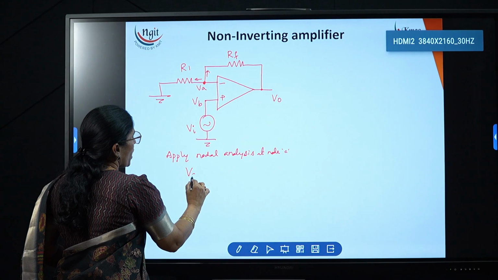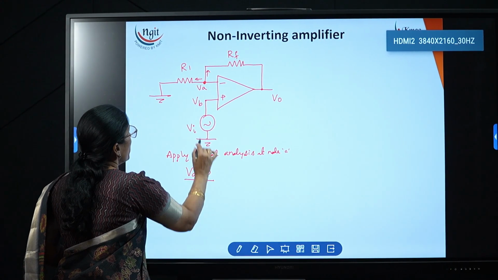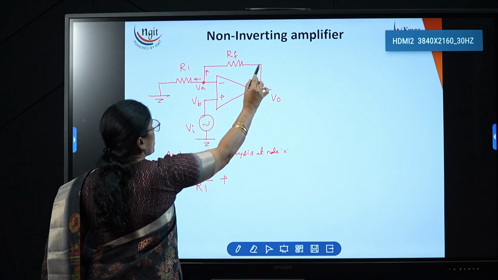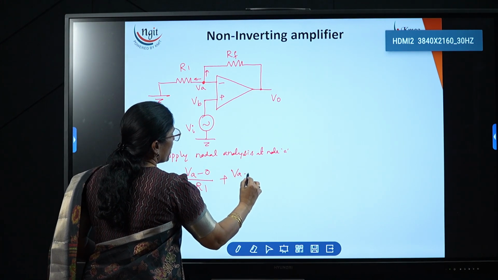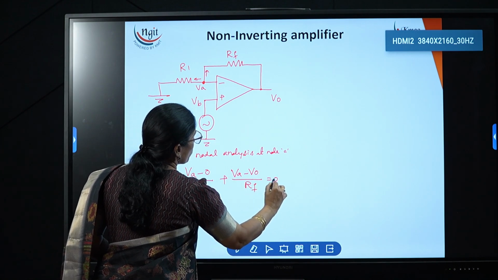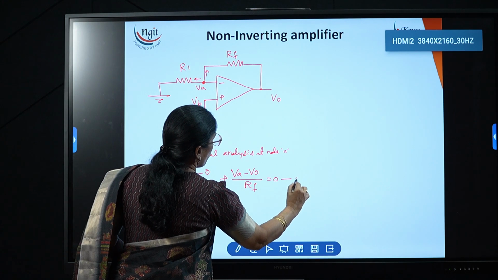So VA minus 0 divided by R1 plus VA minus V0 divided by RF is equal to 0. This is expression number 1.